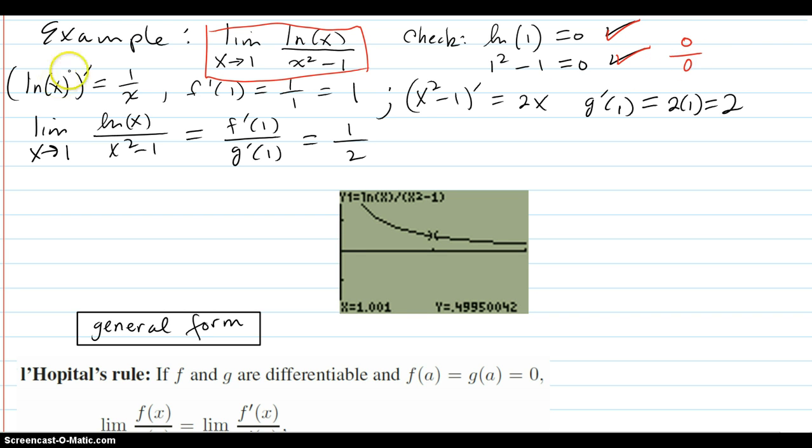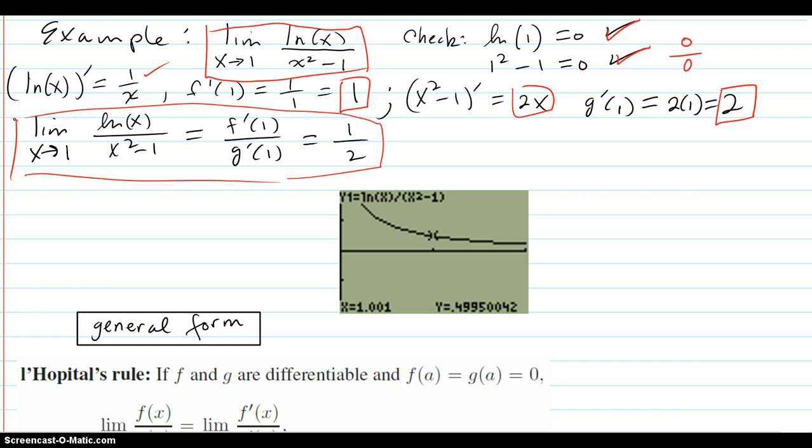We take the derivative of log x, and we get 1 over x. And f prime, therefore the numerator prime evaluated at 1 is equal to 1 over 1, which is 1. The derivative of the denominator is 2x, and evaluating that at 1, we get 2. So here is the result. Applying L'Hopital's rule, it turns out to be 1/2.